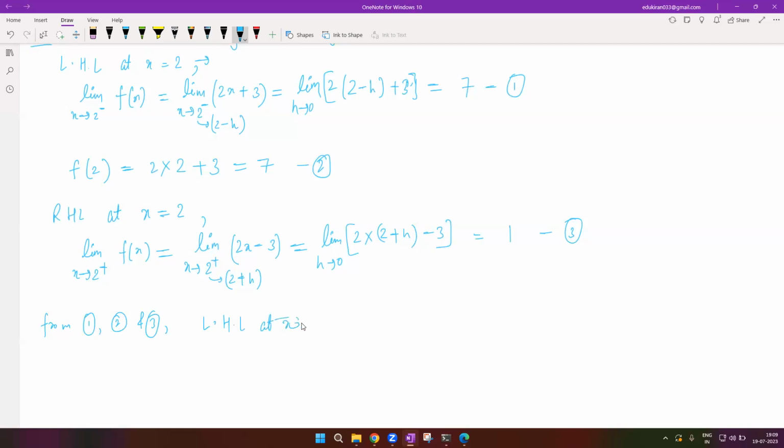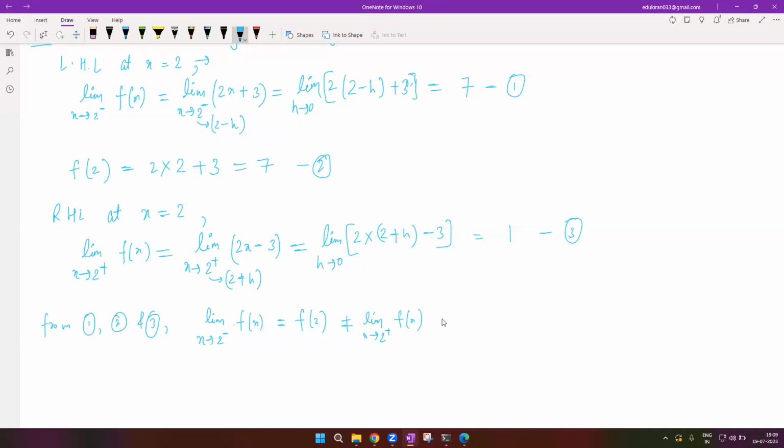Okay, I can also write it like this. And for better understanding, if I want to show I know what I am doing, then I can write it like this. Limit x tends to 2 negative f(x) is the LHL at x equals 2. This is the value of the function at the given point. They both are equal, but this is not equal to limit x tends to 2 positive f(x). Right?